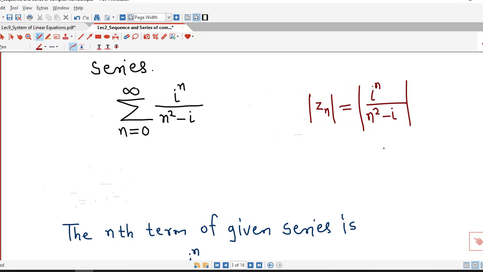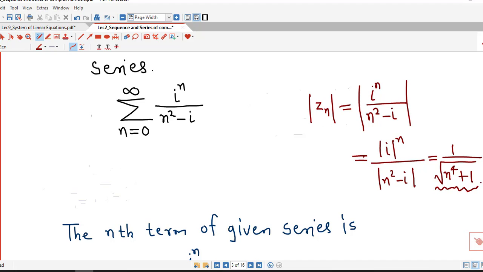So the absolute value of i raised to n over n square minus i equals the absolute value of i raised to n divided by the absolute value of n square minus i. The absolute value of i is 1, and the absolute value of n square minus i is the square root of the square of n square, which is n raised to 4, plus the square of minus 1, which is 1.